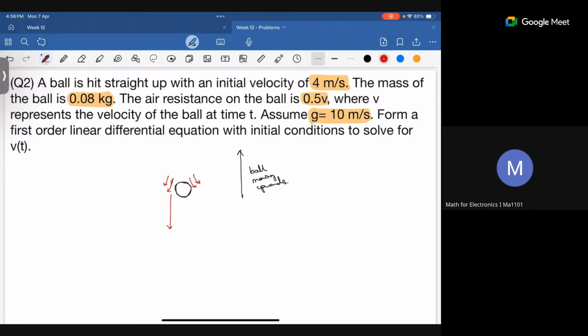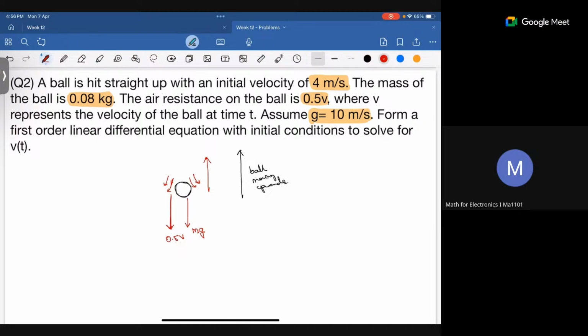So the air resistance will act downwards, which is 0.5 v. And it's a ball, so it has some weight, and this mg acts downwards. So this is the downwards force. These are the two forces, and the ball is moving upwards.